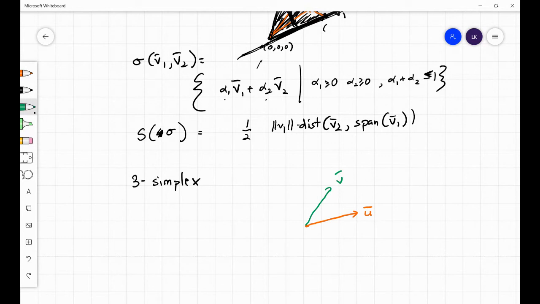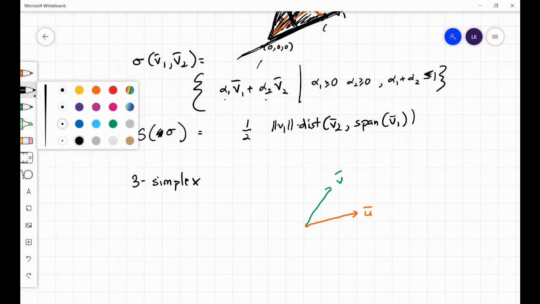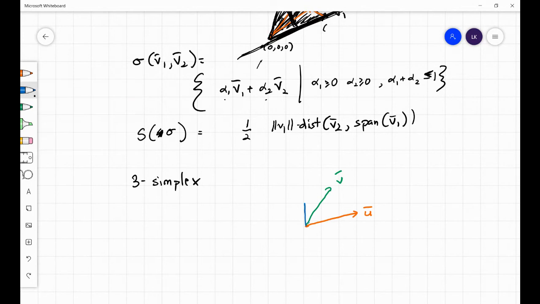It's a tetrahedron, right, in 3 dimensions. So you imagine that these three vectors are drawn from the origin.